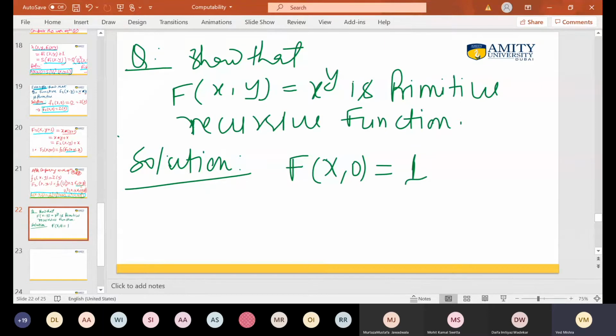Then second step is f(x,y+1), what will be the value?